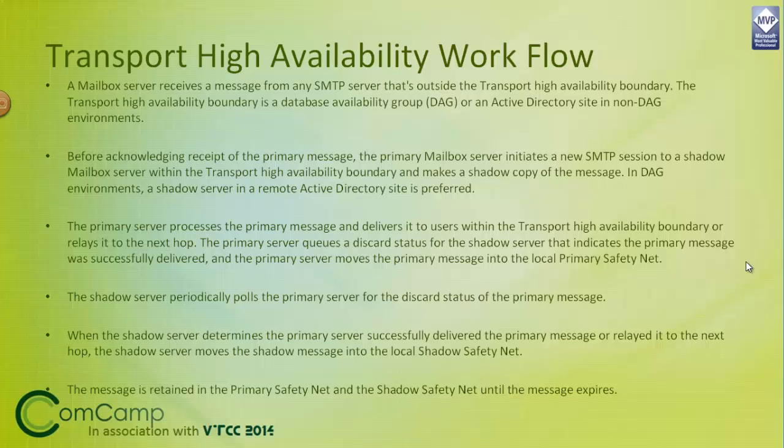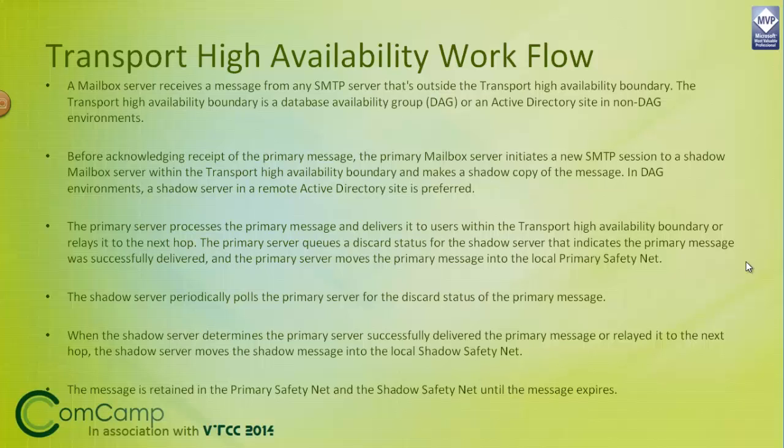Now the shadow server periodically polls the primary server for the discard status of the primary message. When the shadow server determines the primary server successfully delivered the primary message or relayed it to the next hop, the shadow server moves the shadow message into the local shadow safety net.